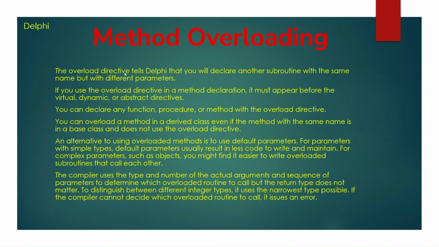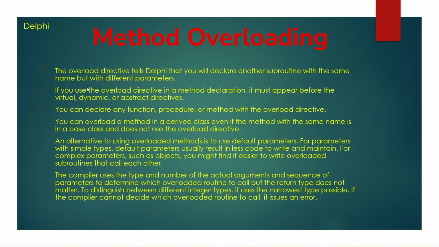For complex parameters such as objects, you might find it easier to write overloaded subroutines that call each other. The compiler uses the type and the number of the actual arguments and the sequence of the parameters to determine which overloaded routine or method to call, but the return type does not matter here. So in overloading, one concept is there: return type of the function does not matter, only the signature matters.